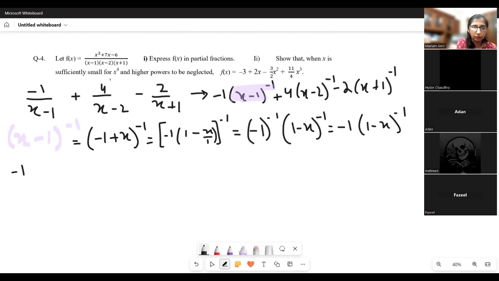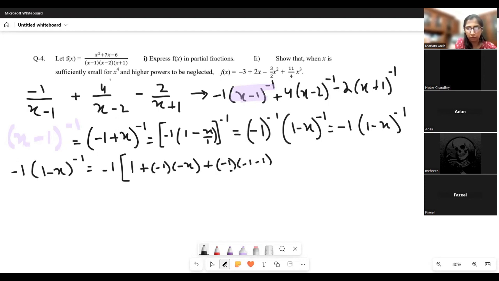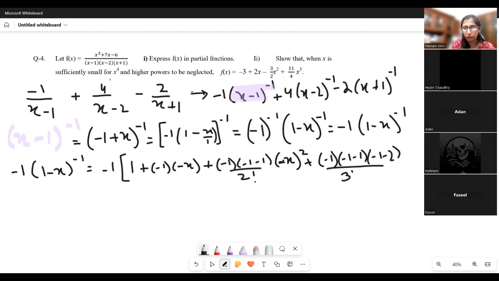So minus 1 times 1 minus x power minus 1 would be minus 1 times 1 plus n x plus n minus 1 over 2 factorial times x square plus n minus 1 and minus 2 upon 3 factorial times x cube.